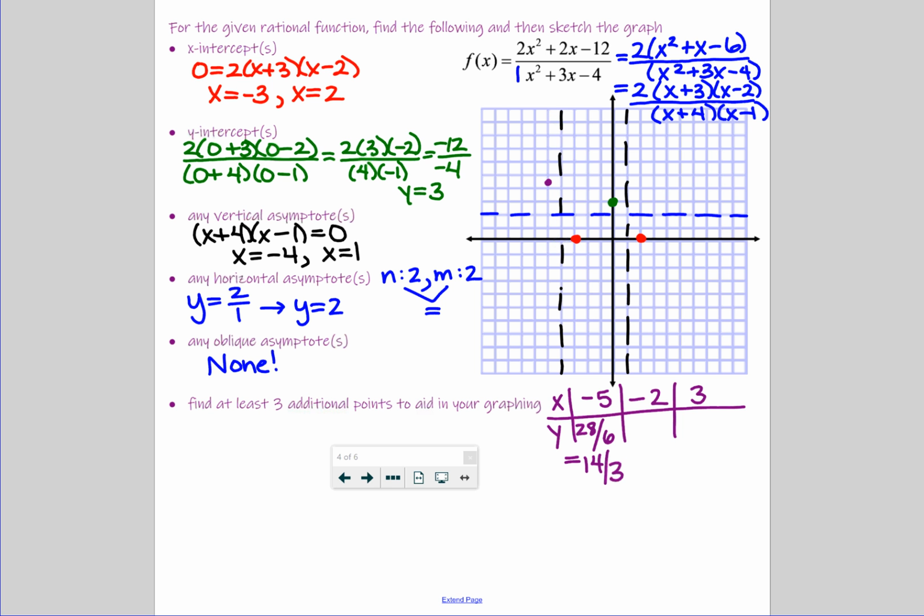Okay, and that's enough to tell me that this branch, this kind of L-shaped branch we talked about, is going to be located in that upper quadrant there. It's going to be contained by those asymptotes we've already drawn. Let's plug in -2 in the numerator. -2 squared is 4 times 2 is 8. Then I'll have -4, so that'll take me back to 4. -12 gives me a -8.